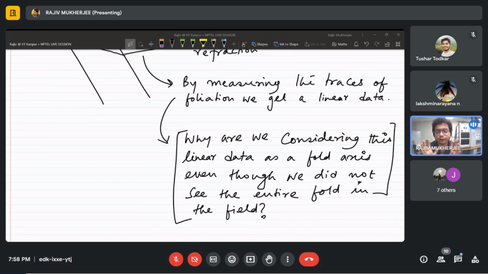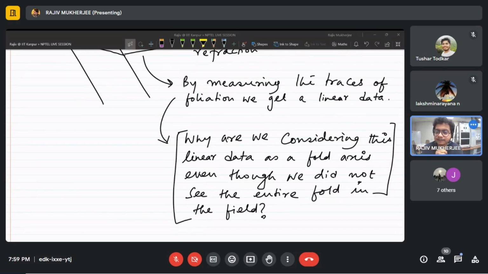We didn't say a fold when we were conducting the field work. After the entire mapping, we have plotted the limbs, right? But we didn't see the fold, at least at the outcrop scale. Then how could we confirm that these linear data are of a fold, specifically considering this as a fold axis?